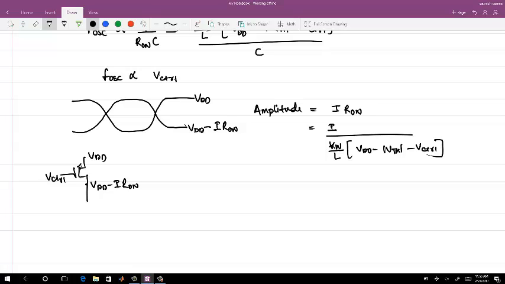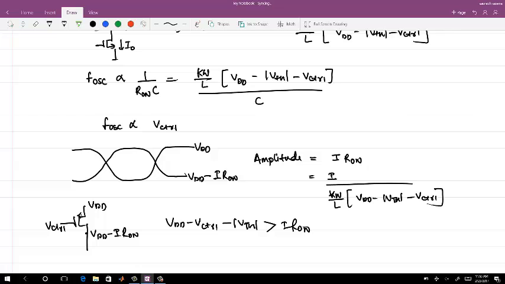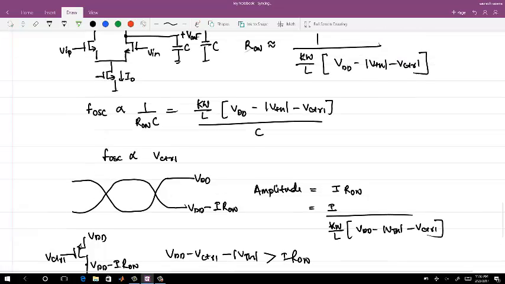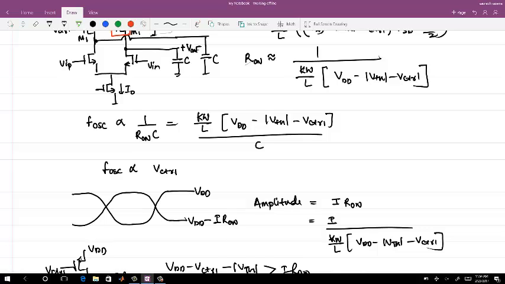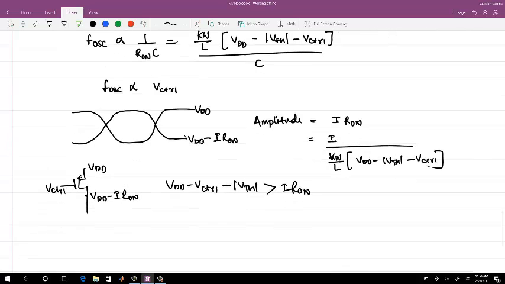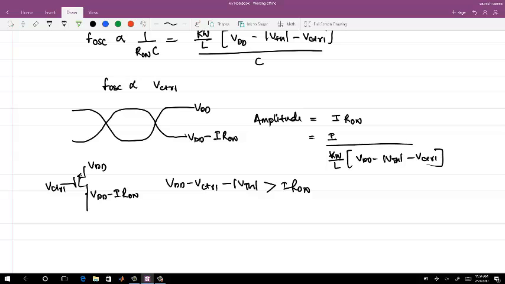This should be in a linear region, that is VDD minus V control minus mod VTH is greater than your I times R on. You need to maintain that. And if I change my I, if you change the control, things change here, both the oscillation frequency and the amplitude.